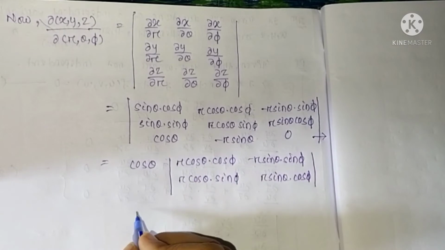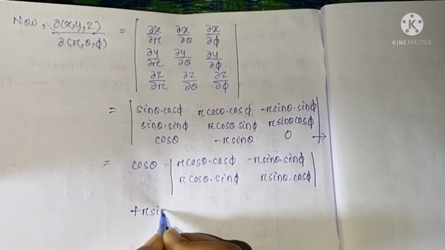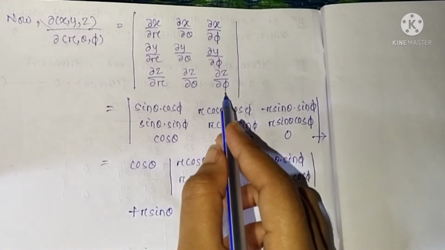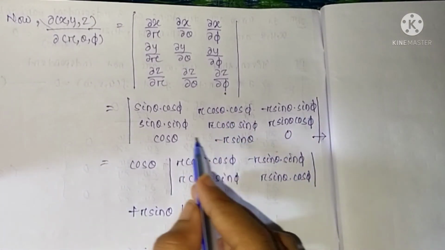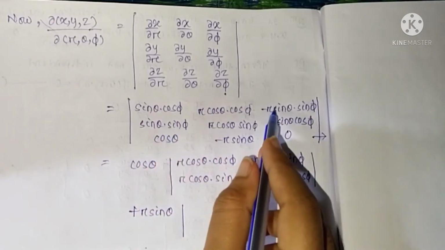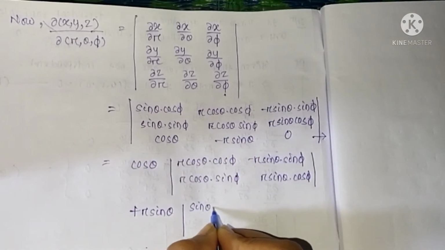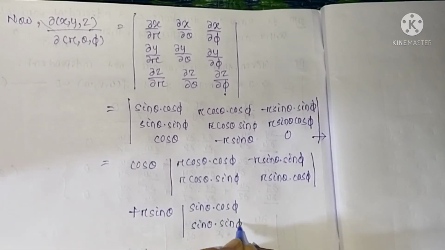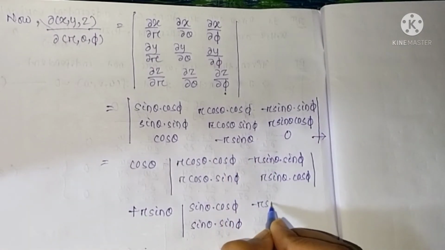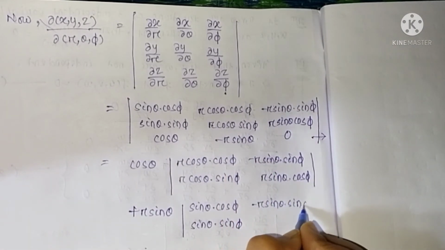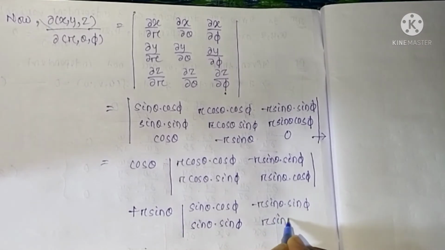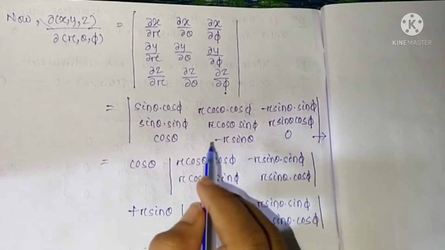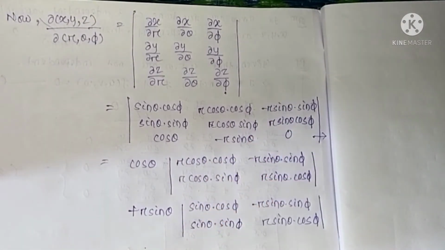Then next minus r sin θ, that is plus r sin θ, times the determinant where we eliminate this column and this row: sin θ cos φ, sin θ sin φ, minus r sin θ sin φ and r sin θ cos φ. And multiplying by 0, the last determinant term is 0.